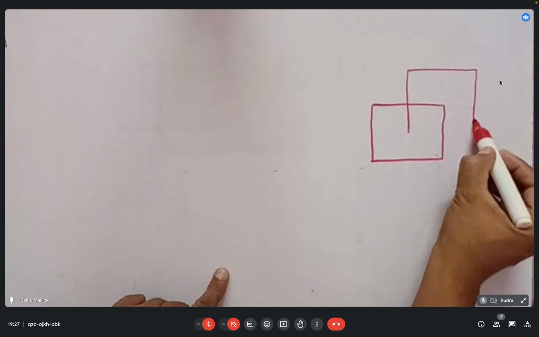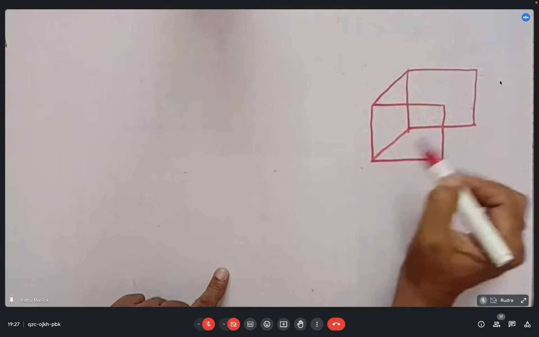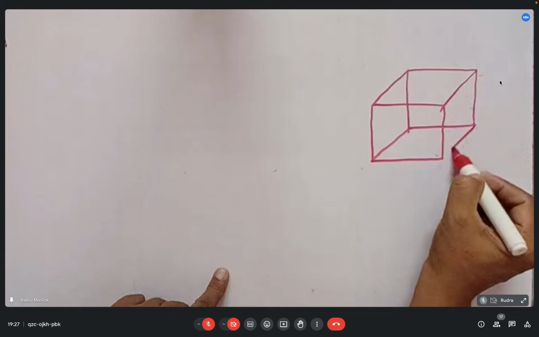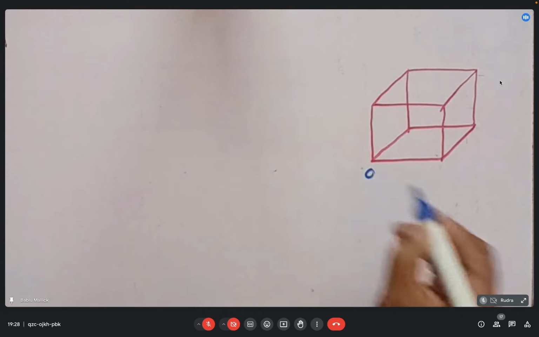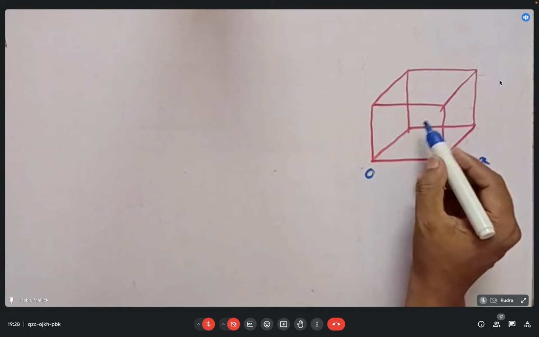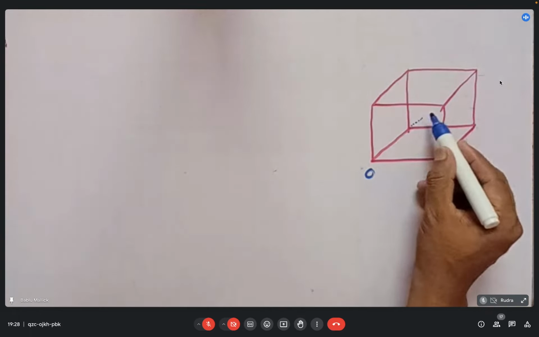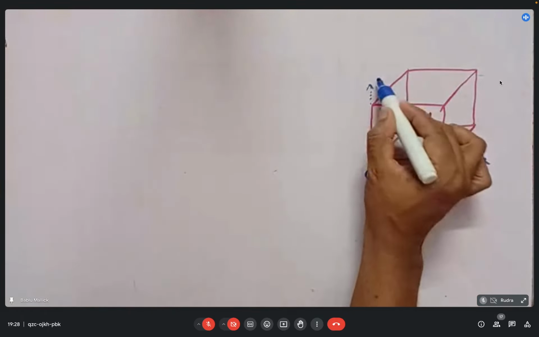We shall find its volume in this way. I shall take this as origin, this line is suppose x-axis, this line is y-axis, and this height is suppose z-axis.